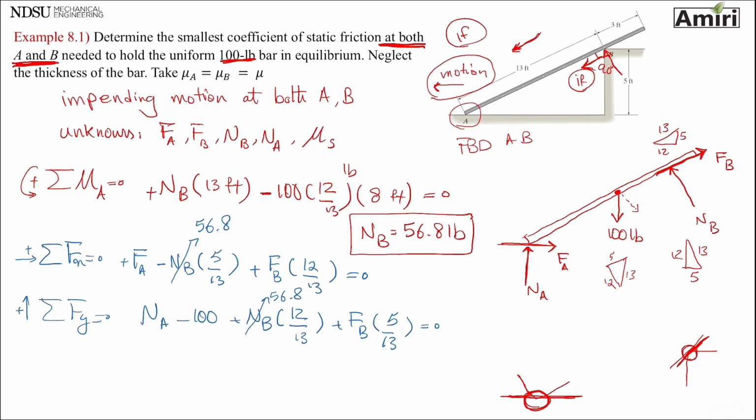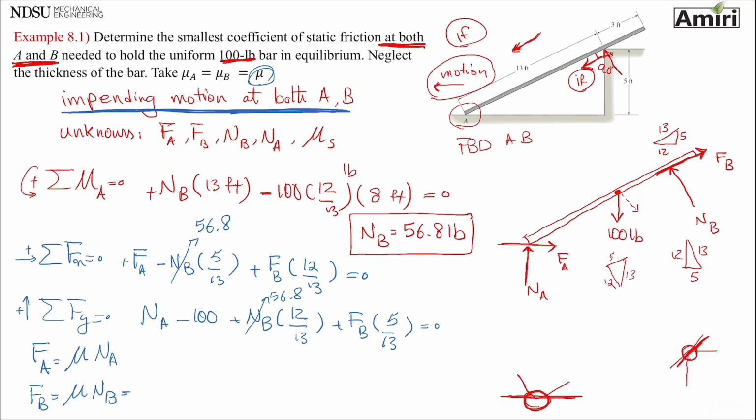Okay, now I go back, look at this information that I have from the problem. Okay, I will have slipping at both, impending motion at both. So I can say FA equal mu, let's just call it mu, NA, and FB is mu NB.